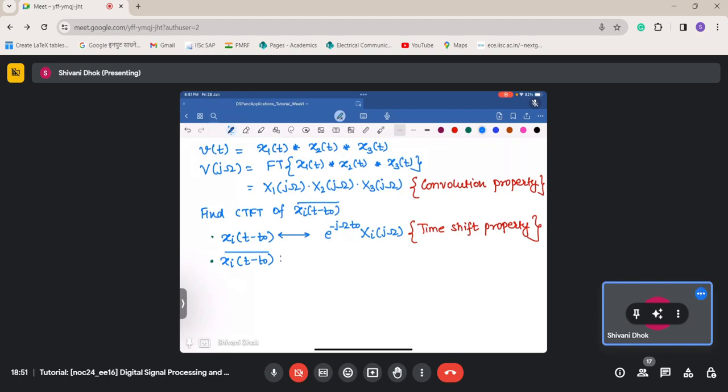For that, let x(t) be defined as xi of t minus t naught, and we have the property that x conjugate of t has a Fourier transform X of minus j omega conjugate.